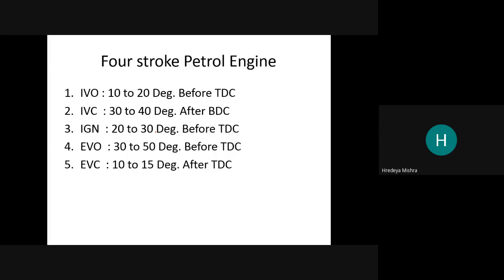the TDC. Means the piston reaches the TDC 50 degrees before, the exhaust valve is open, and now the exhaust valve is closed when the piston reaches the top dead center. This is not top dead center. This is bottom dead center. Here BDC must be.